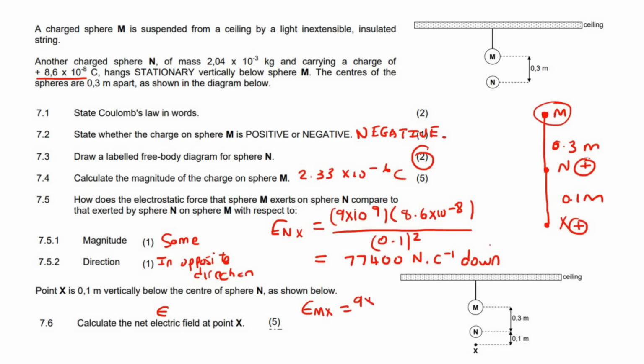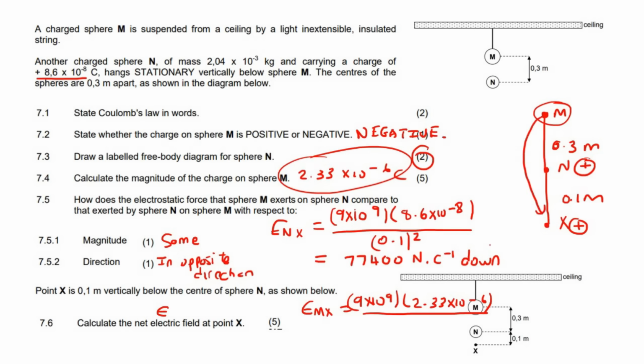So now we're going to M on X. We use the same formula, 9 times 10 to the 9, times the charge of M we got over here, 2.33 times 10 to the negative 6, over the distance. Now don't use 0.3, a lot of learners do that. It's from M all the way to X, so it's 0.3 plus 0.1, which is 0.4. Let's work this out.